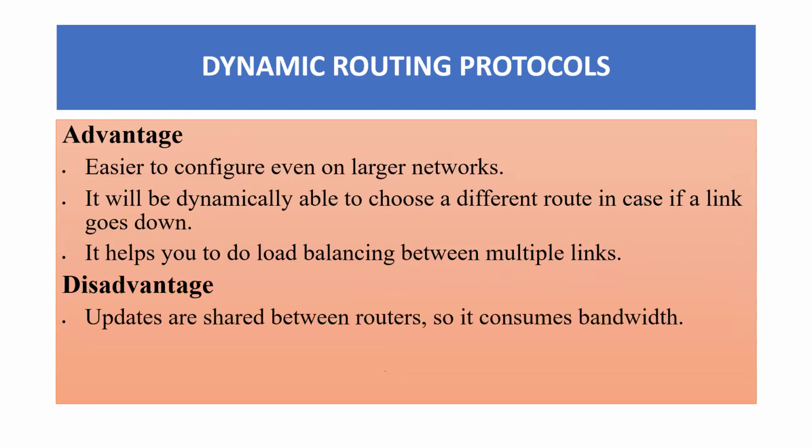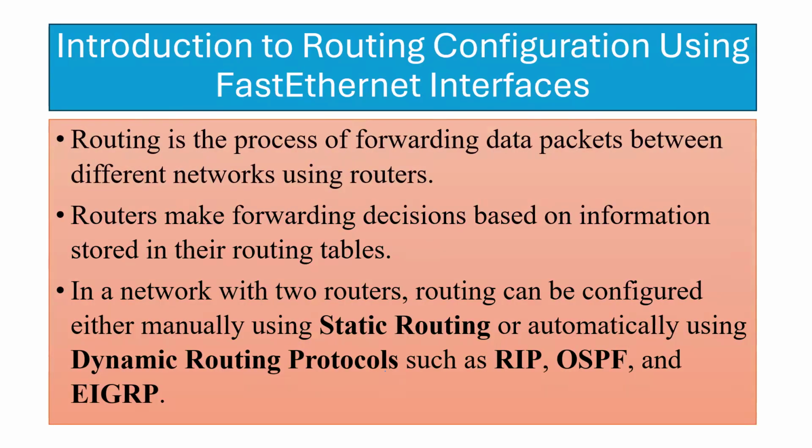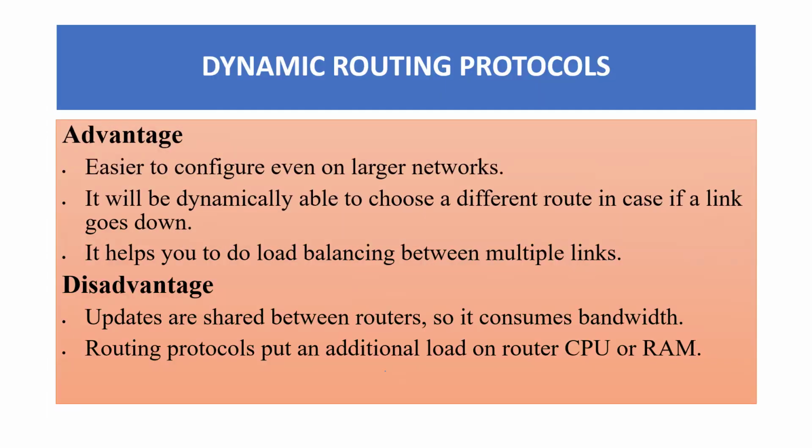Then the disadvantages also come: updates are shared between routers, so it consumes bandwidth, which you must know. Routing protocols put an additional load on the router, so CPU and RAM are being utilized all the time to ensure that the current information is known. So those are the basic things that you must know.